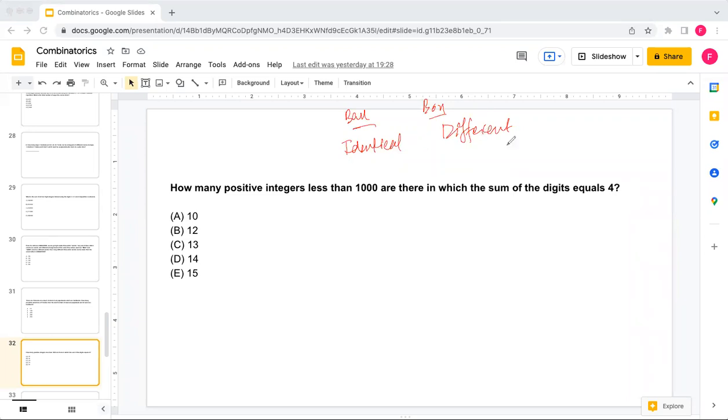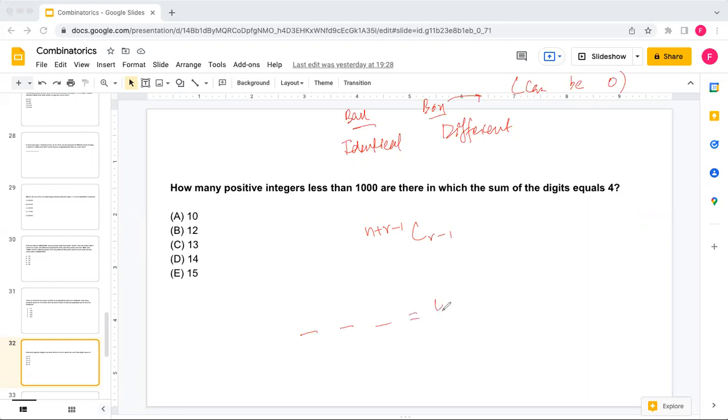That is identical. And remember this, consider a case that this can be 0. So that is the formula n plus r minus 1 combination r minus 1. And this is a specific case of identical and different, in which you can consider this as a linear equation.